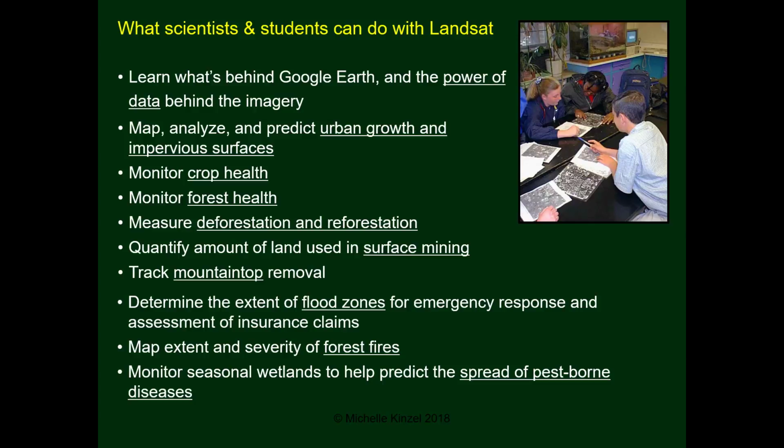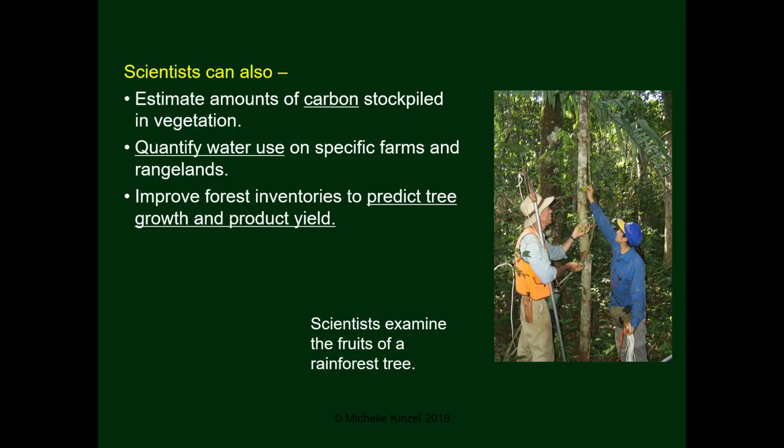You can map the extent and severity of forest fires, and you can monitor seasonal wetlands to help predict the spread of pest-borne diseases. There are hundreds, maybe thousands of other examples. This is just an introduction to some possibilities. You can also estimate the amount of carbon stockpiled in vegetation.